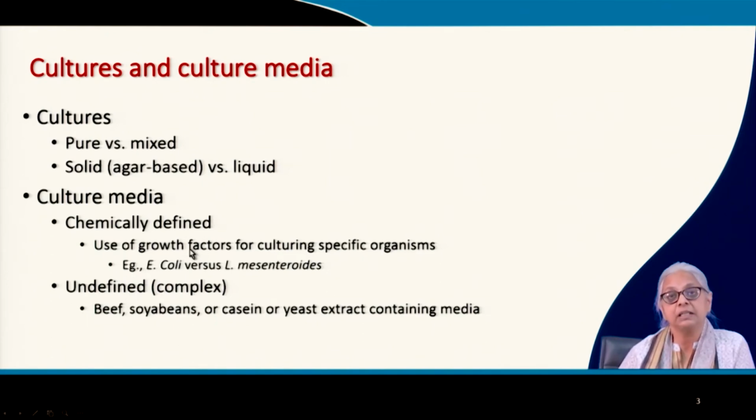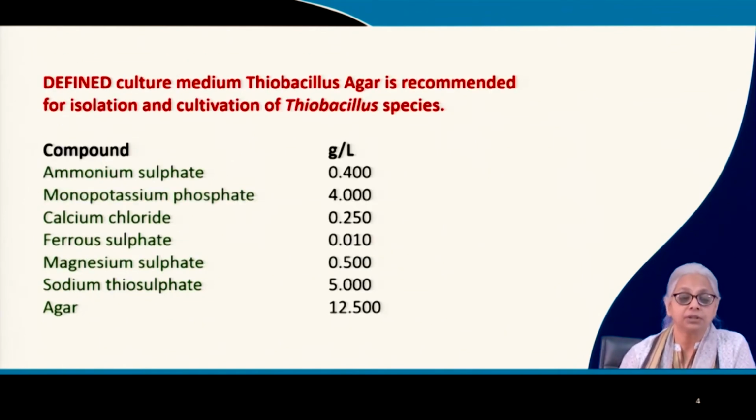Growth factors, we have seen, are micronutrients and vitamins that are required for culturing specific organisms. And there is another method which I'm not going to go into, but you can also add certain inhibitor compounds which will inhibit the growth of all other compounds except the one that you're trying to culture. So that is also possible, and we're not going to go into any detail, but I'll just show you examples of a chemically defined culture media.